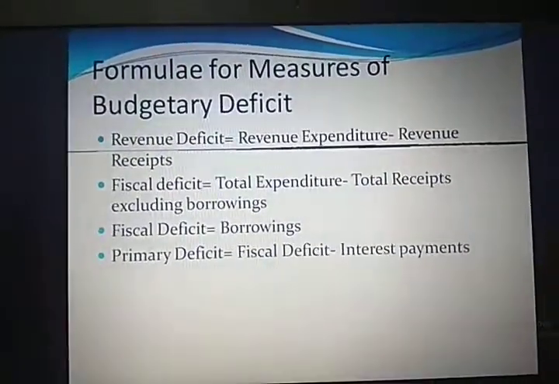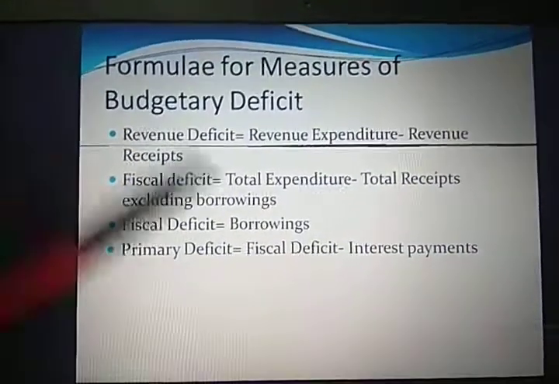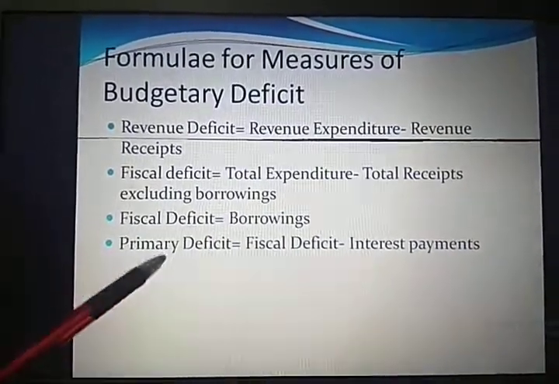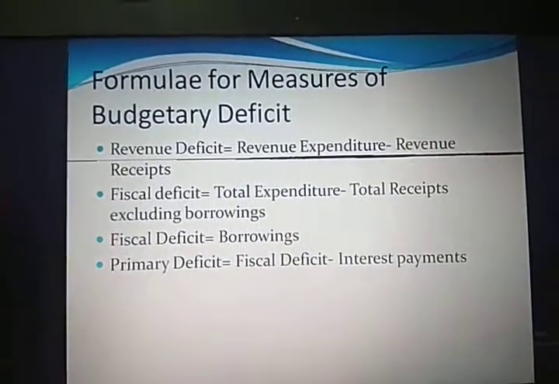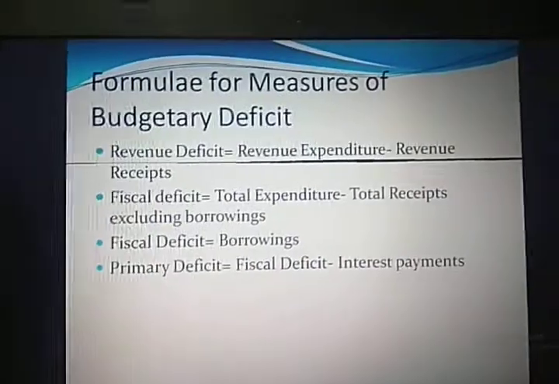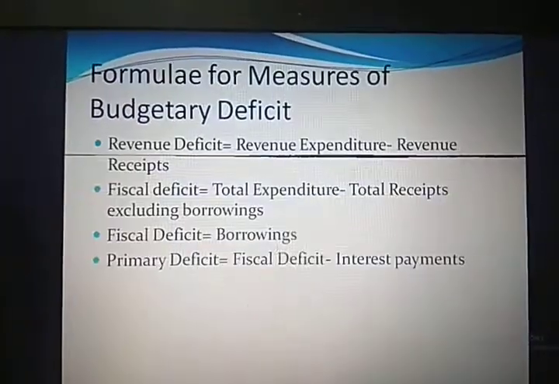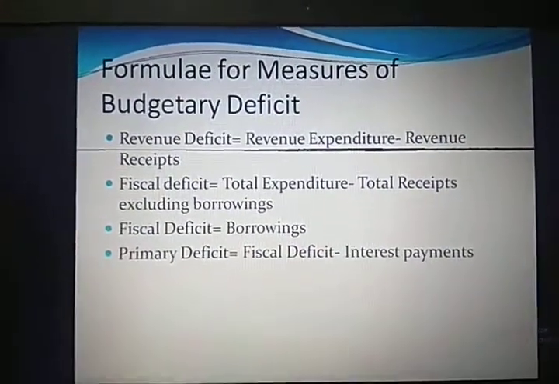Out of that, you have paid interest on previous borrowing equal to 40 crore. So the answer is 60 crore. That means you are left with 60 crore as primary deficit. So this situation is better than the previous situation, wherein your primary deficit is equal to 0. So students, this is what about the government budget deficit.